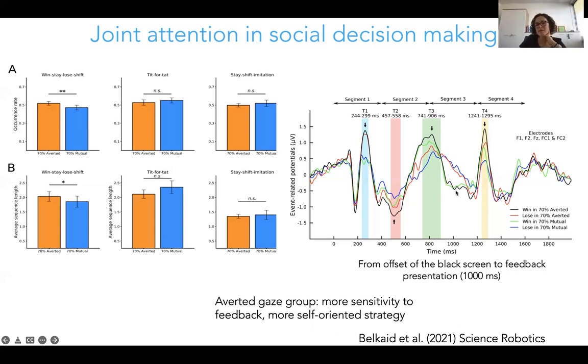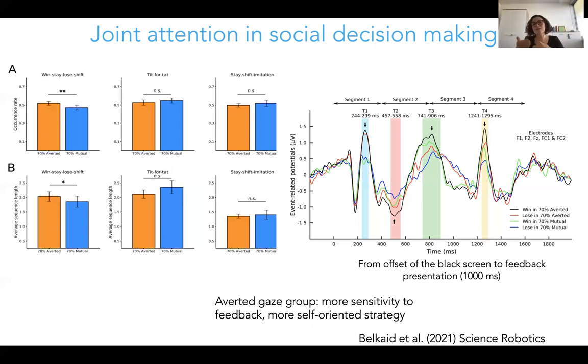Now here I plotted ERPs that are locked to the offset of the blank screen. This paradigm was not specifically designed for ERPs, so there are no specific events where you can lock the EEG signal. What happens is that participants come to understand whether they're winning or losing in a more gradual way, because as the screen goes off, they start seeing the cars either going towards one another or one deviating, the other not.